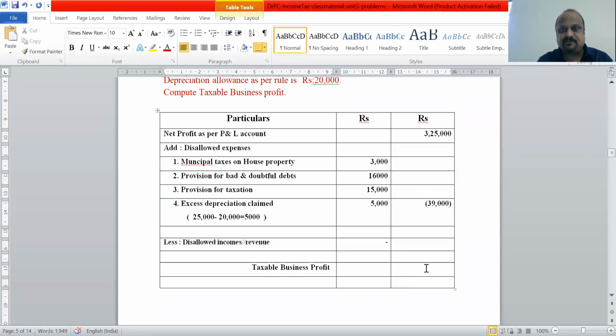Taxable business profit is how much? 3,25,000 plus 39,000. It is not subtraction, it is add. Less is where we would have subtracted, but here we have to add all this. That comes to 3,64,000.